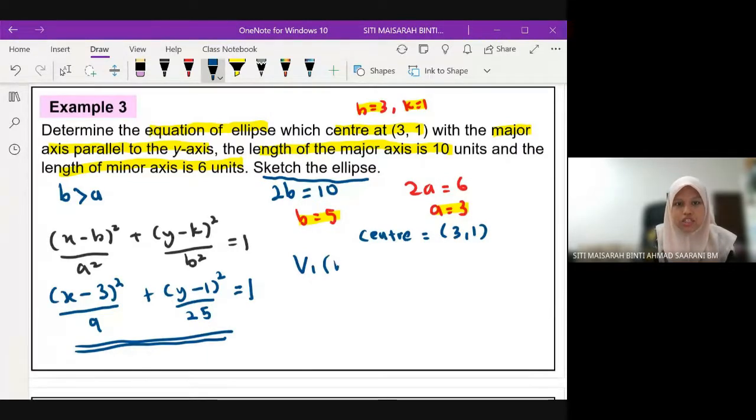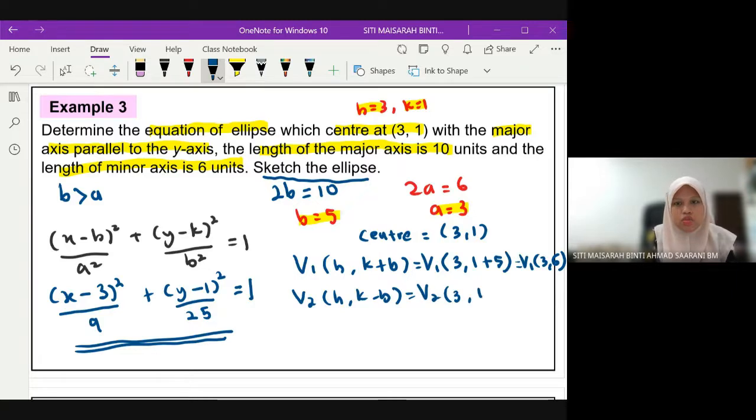So jadi (h, k plus b). So V1, h dia adalah 3, k dia adalah 1 tambah dengan 5. So dapat V1 (3, 6). Okay. Then V2 is (h, k tolak b). So V2, 3, 1 tolak 5. So this is V2 (3, negative 4).